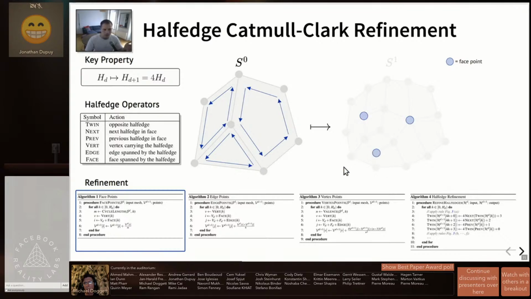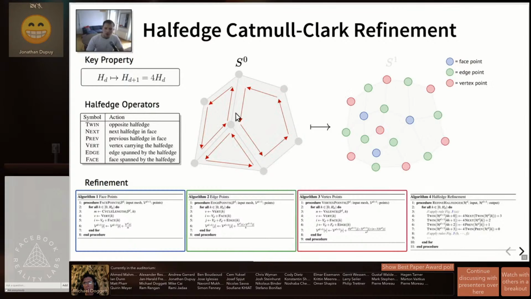Similarly, we have an edge step that creates a vertex point for each edge of the input mesh, and here again, each half edge contributes to the edge it spans. Then a vertex step that creates a vertex point for each vertex of the input mesh. So here, each half edge contributes to exactly 1 vertex point, and it's the one whose vertex is carried by the half edge.